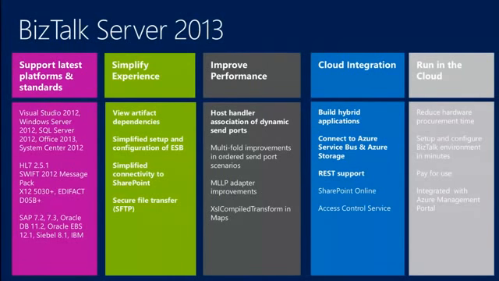Okay. Let's look at some of the performance improvements that are done in BizTalk Server 2013. This shows the various improvements that have happened on the server. We are focusing on some of the pillars here, which are cloud connectivity, improved performance, and simplified experience. We saw one of the ways of connecting to the cloud, which was using the REST adapter. Now we will be focusing on the performance side of it.